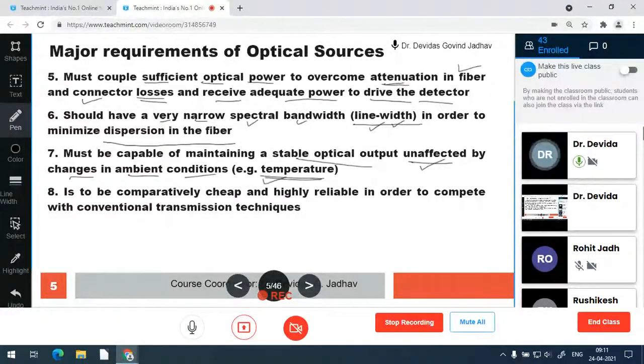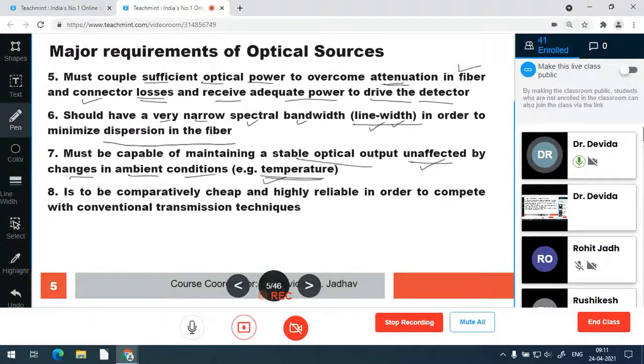Other requirements are also there, like minimum operating electrical power, current or voltage. Drivers are needed for stable operation, so that the source gives a stable optical output unaffected by ambient conditions like temperature.